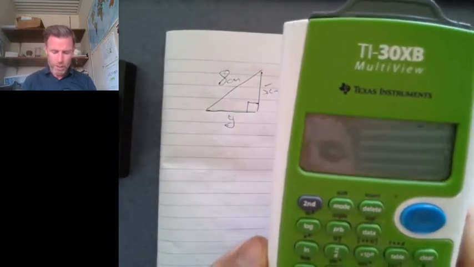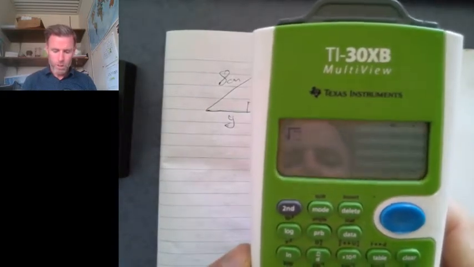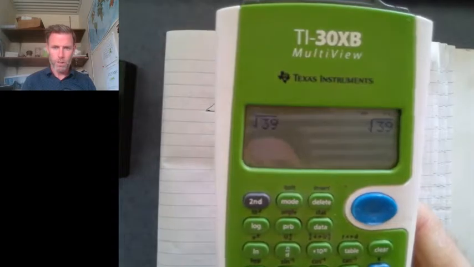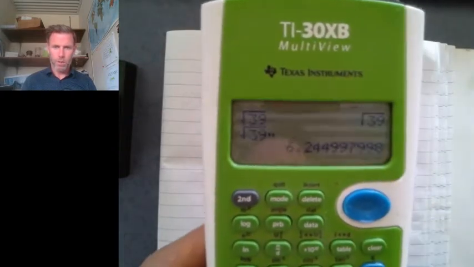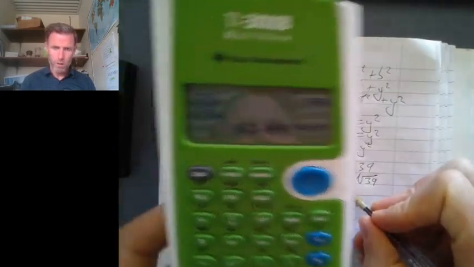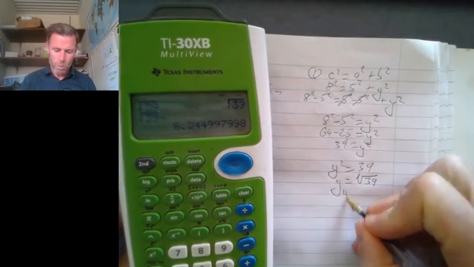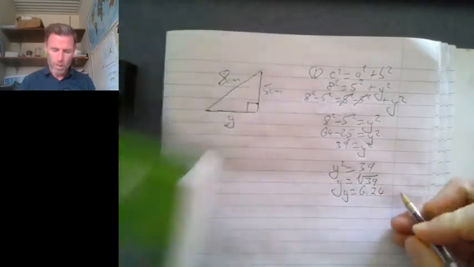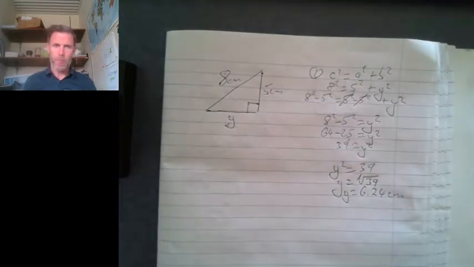Second function, then the square root button, 39, and then I press the button twice, and I get 6.24. I'm going to go to 2 decimal places. So y equals 6.24, and the answer is in centimeters.